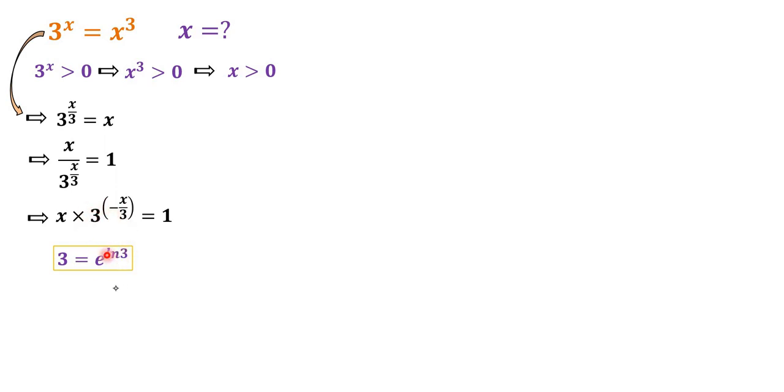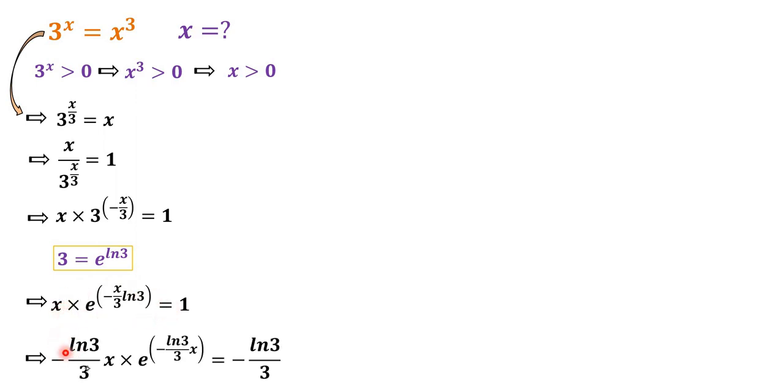So we replace 3 with this value. We have x times e to the power of negative x over 3 times ln 3 is equal to 1. Then we multiply both sides by negative ln 3 over 3. Then we have this equation.